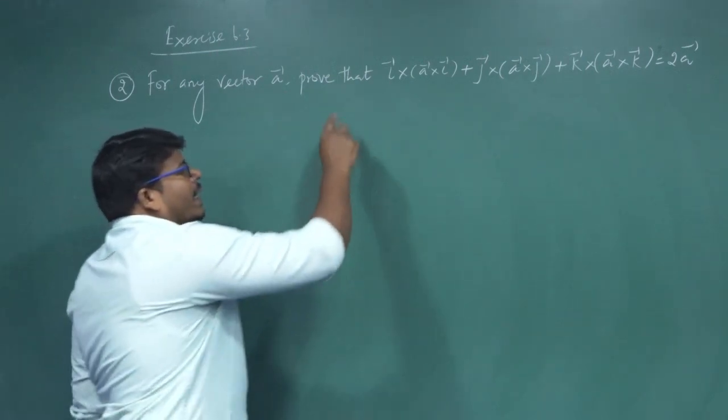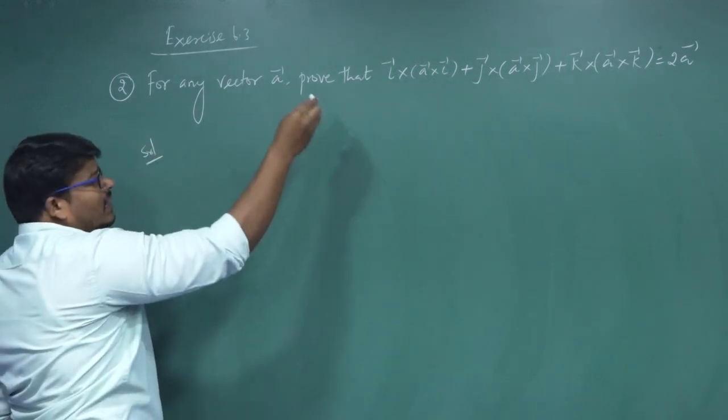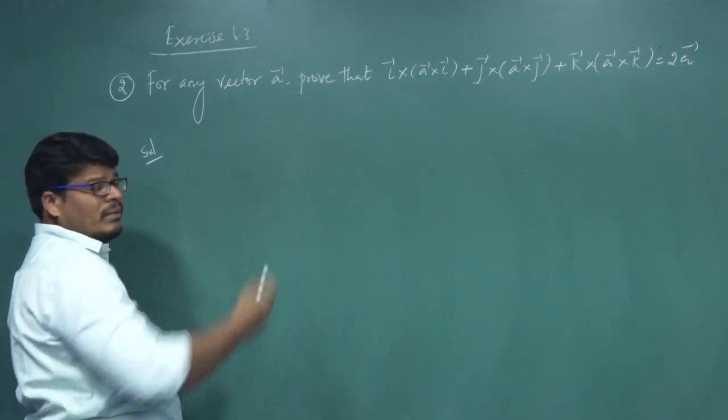Now I am taking the LHS, the left hand side. First one is i vector cross A vector cross i vector. Find them one by one.